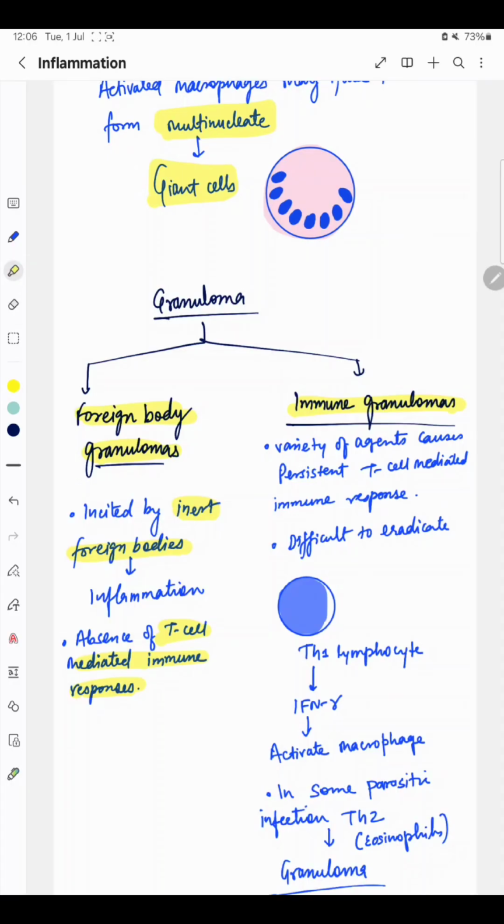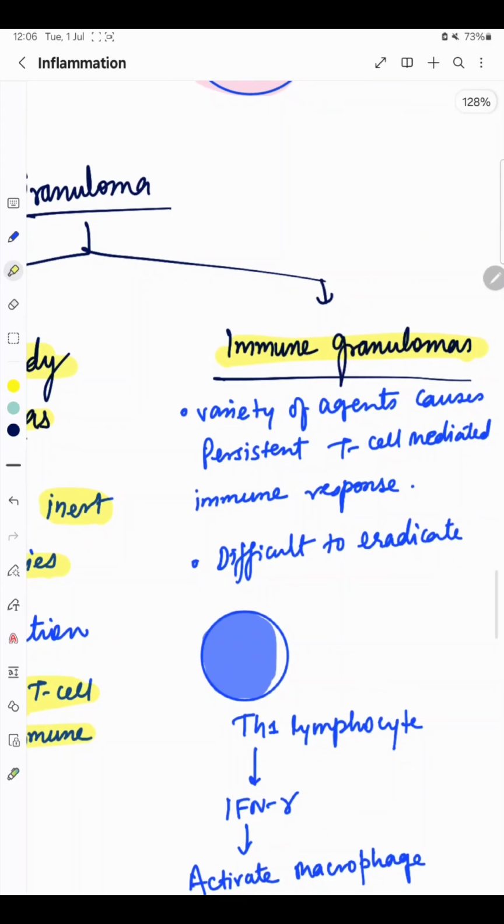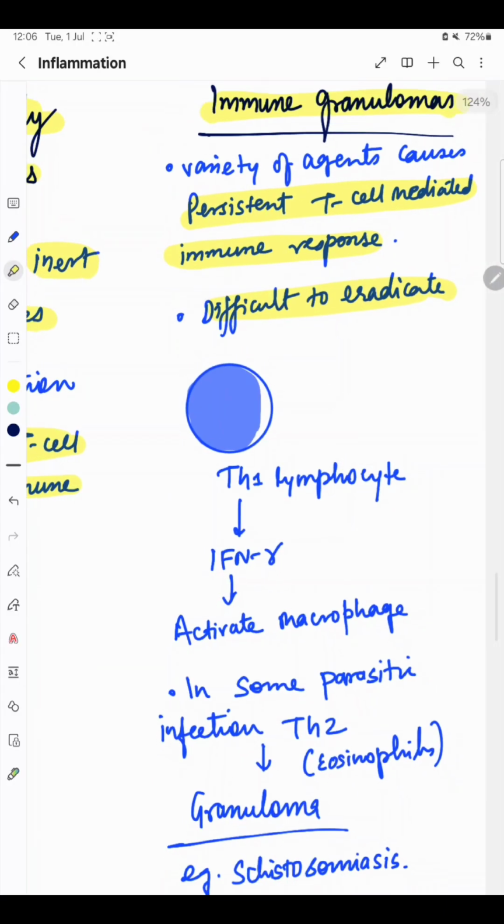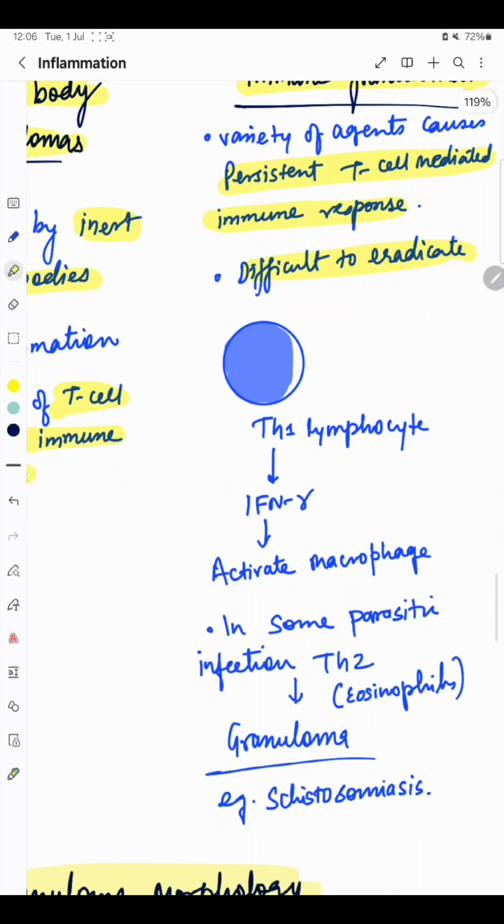On the other hand, in immune granulomas, a variety of agents cause a persistent T cell mediated immune response, and they are difficult to eradicate. T helper lymphocytes get activated by the antigen presenting cell and secrete interferon gamma.